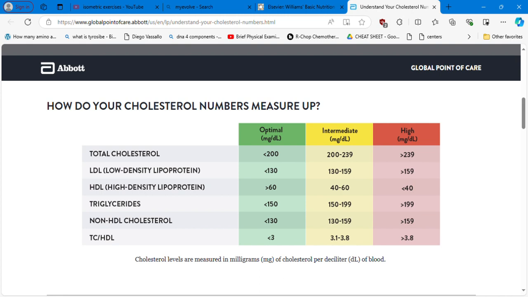If that number is below 3, you see the triglyceride to HDL ratio, the patient is safe and is not at risk for cardiovascular disease. But if the number is between 3.1 and 3.8, there is an intermediate risk. But if it's above 3.8, that's another marker.